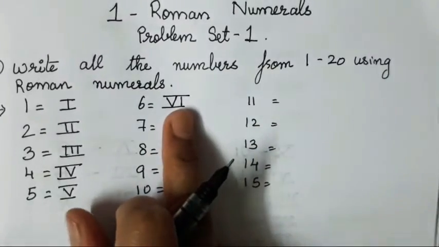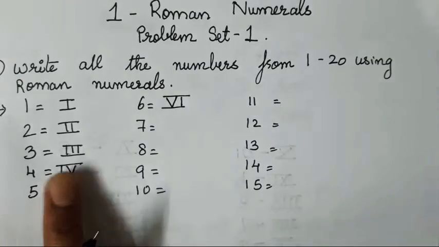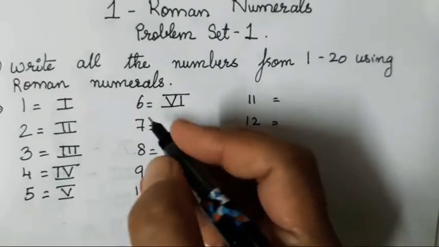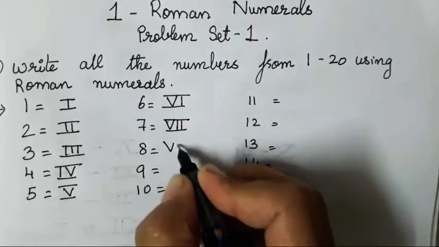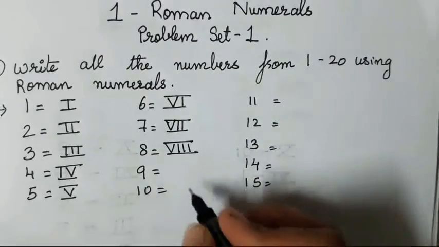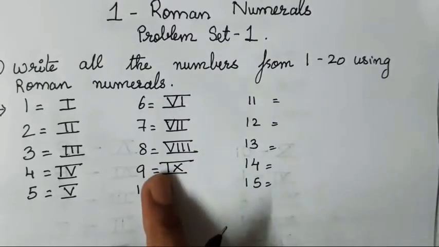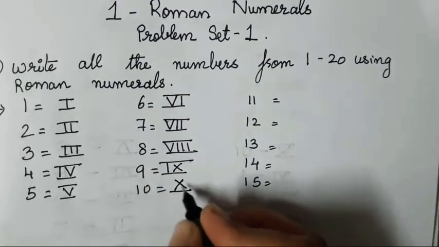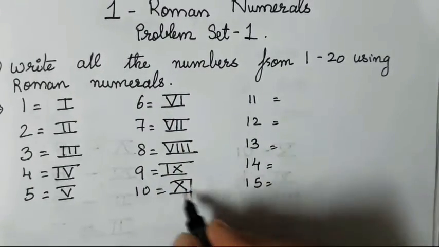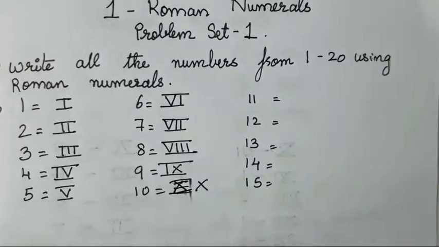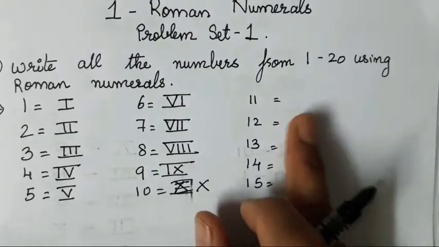Okay, as I said, to the right hand side it will add the value, to the left hand side it will reduce the value of V. 7 is V, double I. 8 is V, triple I. And for 10 also I first and then X, because we have to subtract 10 minus 1. So first you all have to understand the value of all the numbers. What is the value? And then it becomes very easy for you all to write the bigger ones.